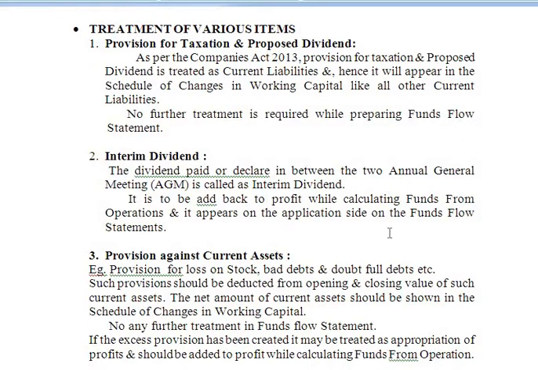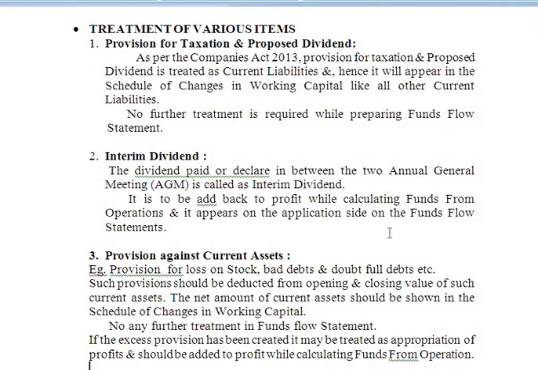The first one is provision for taxation and proposed dividend. Okay, this provision for taxation and proposed dividend we can treat in two ways. But now, as per the Companies Act 2013, provision for taxation and proposed dividend is treated as current liabilities. Okay, and once you treat both these items as current liabilities, they will appear in the schedule of changes in working capital like all other current liabilities.